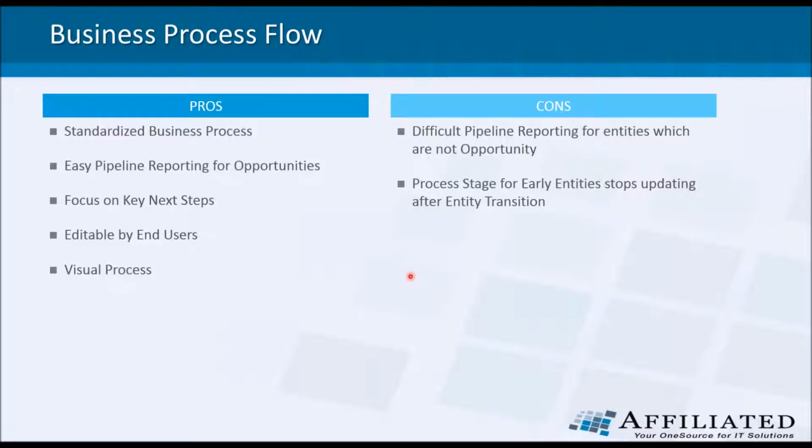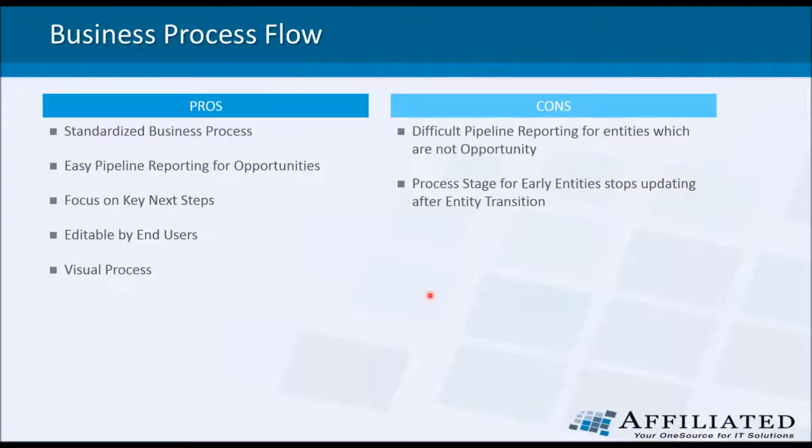Okay. Another gap that the out-of-the-box functionality that we've noticed, an area for improvement, is that if we're working through a complex business process that spans multiple entities, the entities that begin the process, the stage doesn't get updated once I move from that entity.